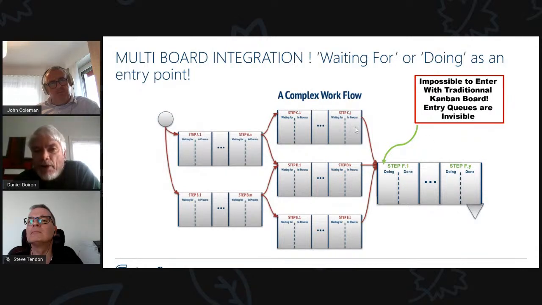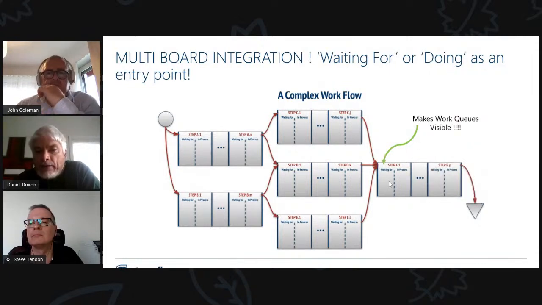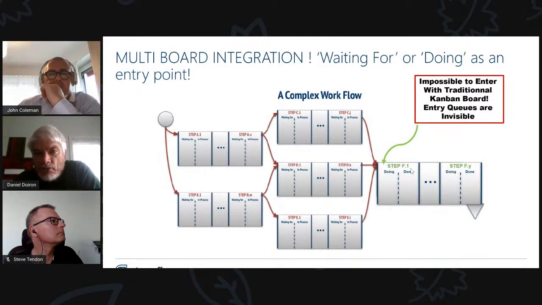That's the problem, and it's not an issue with a flow efficiency Kanban board, because the entry point is always a waiting for column, while for a traditional Kanban board, it's a doing column. So you're not going to enter there and sit not being in a state of doing. So it is a bit of a problem.